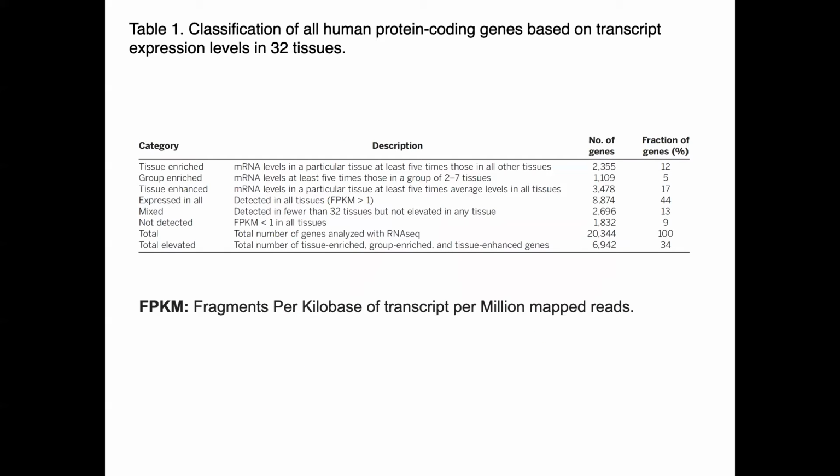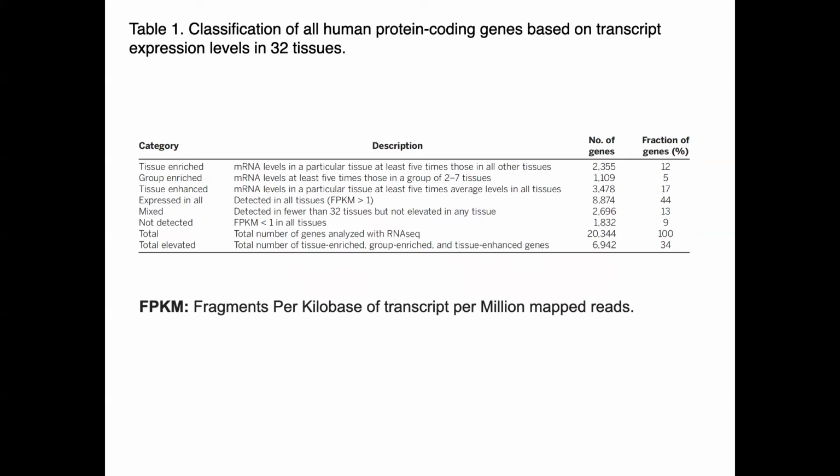Okay, so this table is another way to show the same data as figure 1C, but with additional information on how they define tissue enriched, group enriched, and tissue enhanced groups. Please remember this classification was based on transcriptome from RNA-seq, or RNA sequencing.